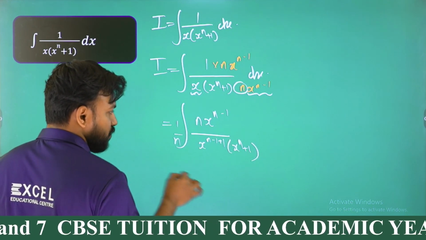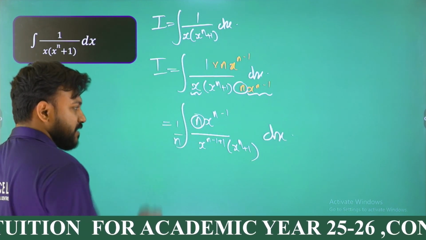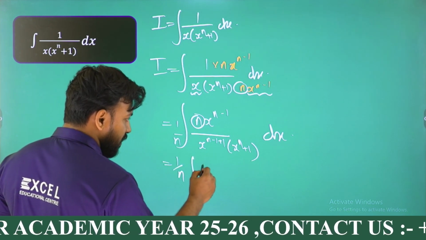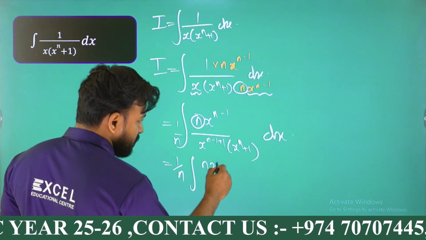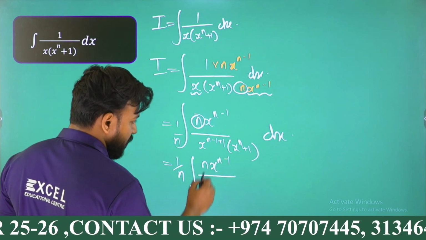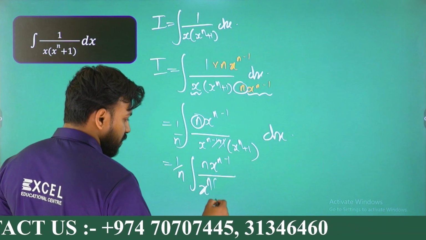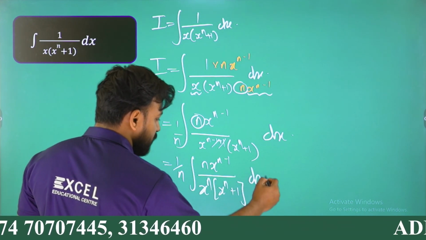I'm going to take that out as a constant, dx. I'll explain why. Integral 1 by n integral nx raised to n minus 1 all divided by x raised to n into x raised to n plus 1, the one will be cancelled. Why did I do that?